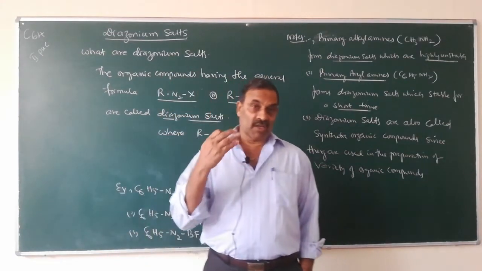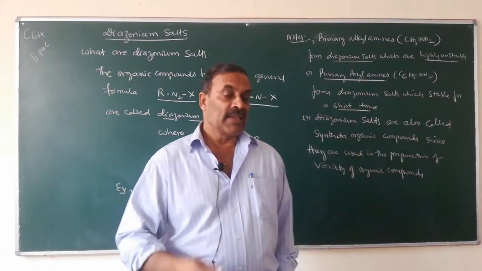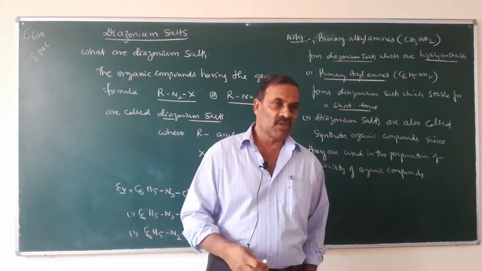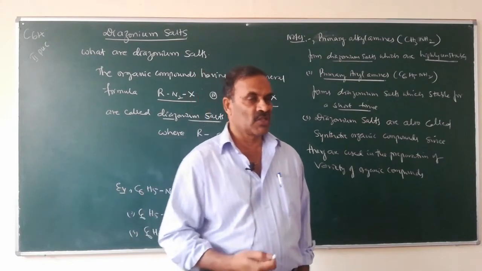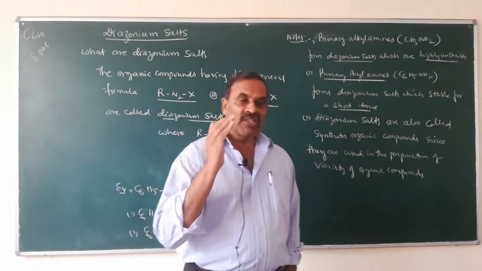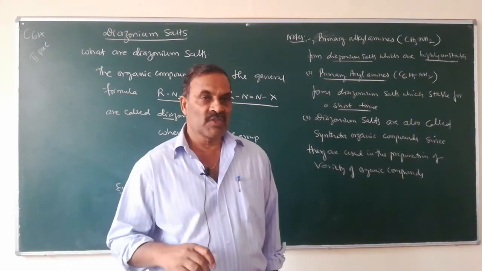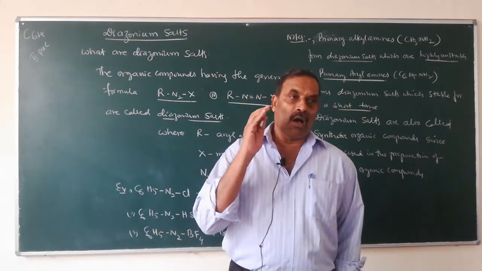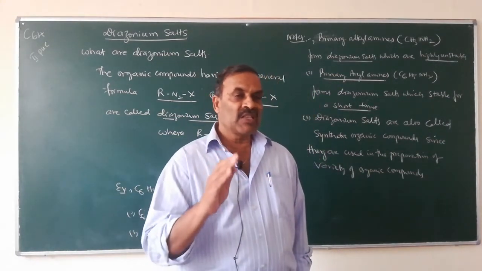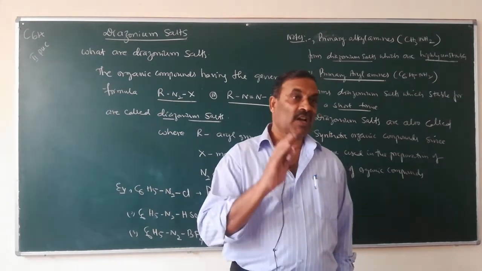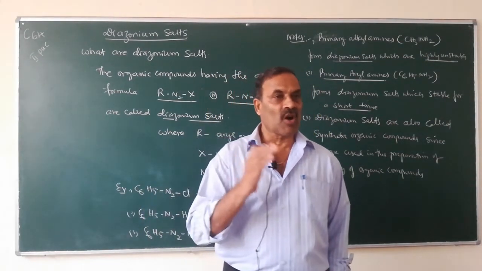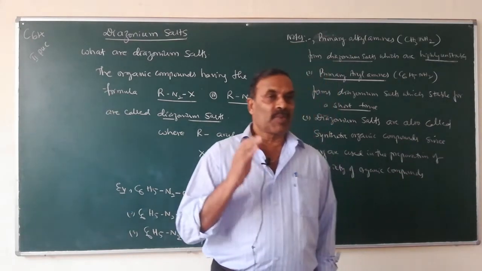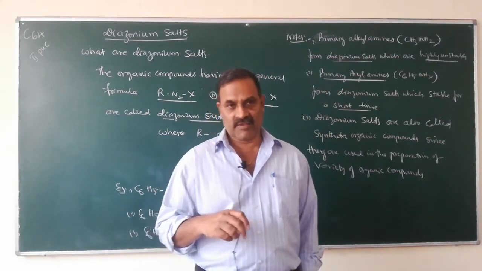So you know what are diazonium salts, examples for diazonium salts, the general formula for diazonium salts. So which compounds give diazonium salts? Primary alkyl amines form diazonium salts which are highly unstable. Therefore, we cannot get diazonium salts from all primary alkyl amines.